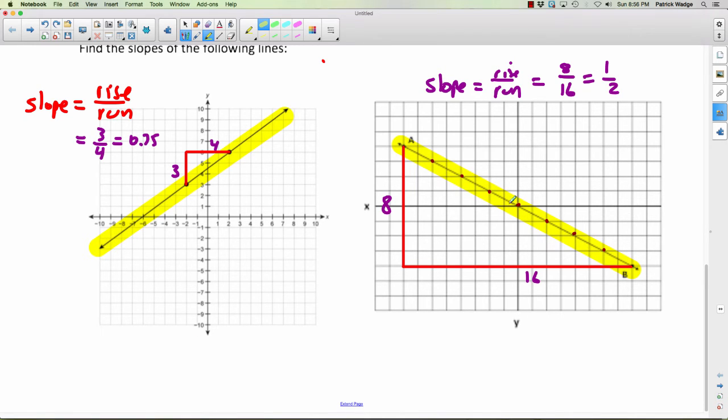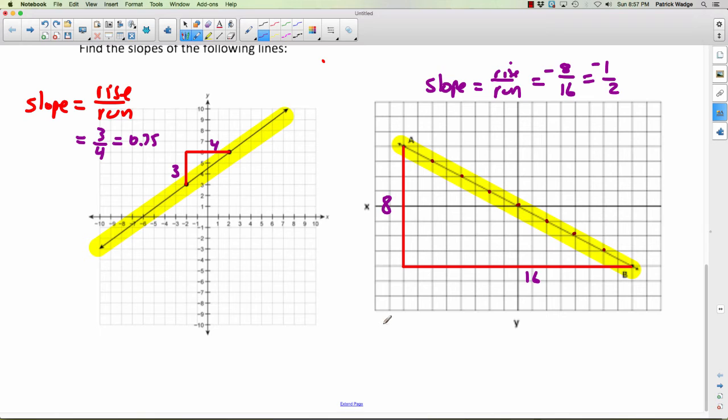This line is going downwards. This here is a positive slope line. So 0.75 or 3/4 is absolutely correct. This here is a line that's going downwards. It's negatively sloped. Our answer should actually be not 8 over 16, but negative 8 over 16. Not 1/2, but negative 1/2.